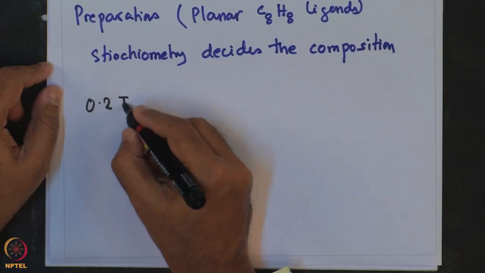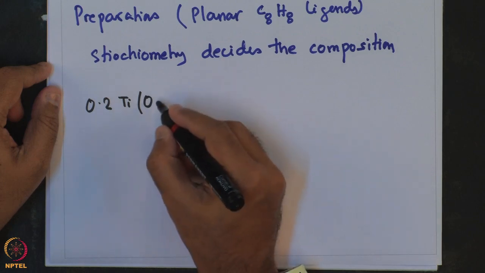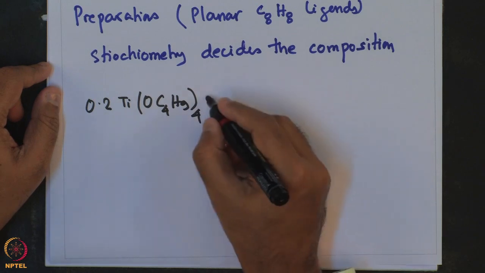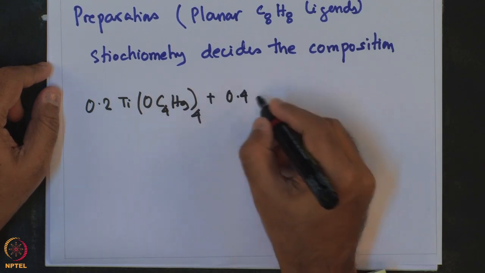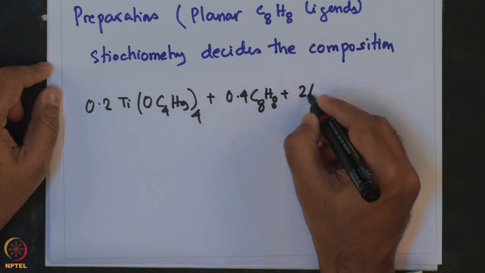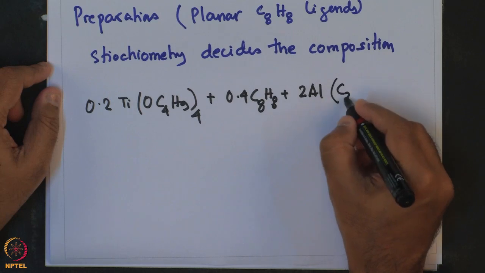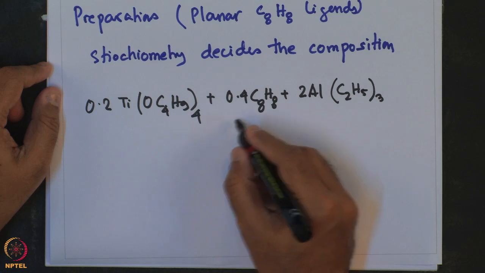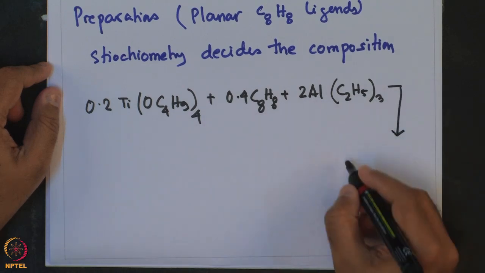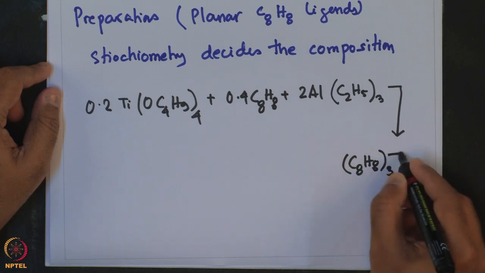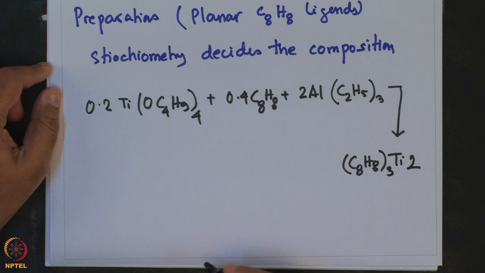For example, the reaction of 0.2 Ti(OC4H9)4 plus 0.4 C8H8 plus twice Al(C2H5)3 gives (C8H8)3Ti2.